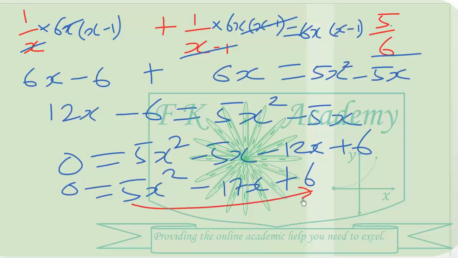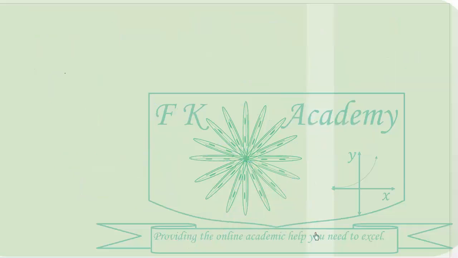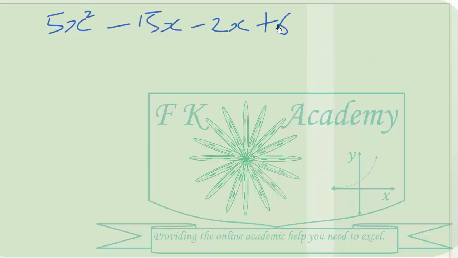Now the product 5 times 6 will give us 30. Two factors of 30 that will add up to negative 17x will be negative 15 and negative 2. So we split the middle term. When we split the middle term, we get 5x squared minus 15x minus 2x.